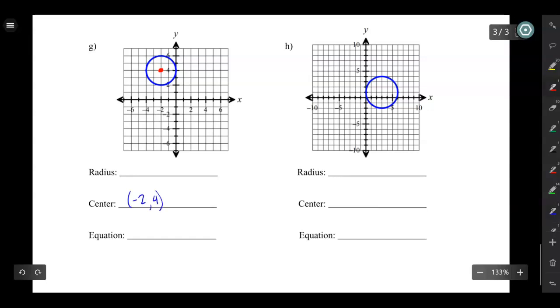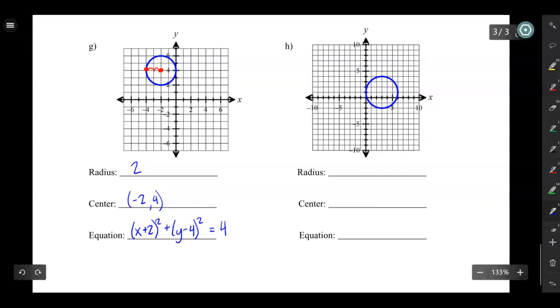Then to figure out what your radius is, you basically need to figure out how far over you went to get to the outside of your circle. And it looks like we went over 2, which means our radius is 2. Once we have the center and the radius, we can just plug those into our equation to get the equation of that circle.